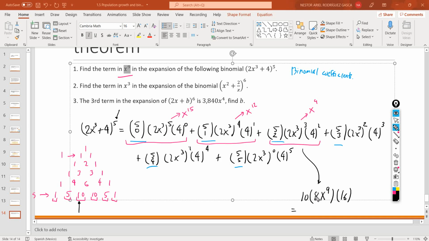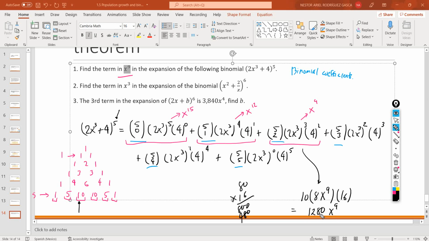And then finally, we just multiply all of the coefficients: 10 times 8 times 16. That's going to be equal to, well, how much is this? It's going to be 800 and 480, so that's going to be 1280 if I did this well. And x to the 9. So there you go. This is the term.